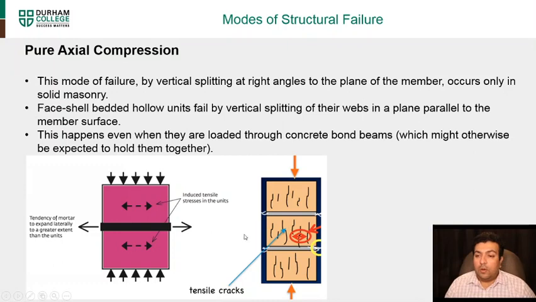When the force is applied on top and bottom, the masonry unit starts to split apart, and that's what brings the tensile cracks in the unit. The same happens with the mortar. First it compresses the two brick units, and the mortar starts expanding laterally and coming out. That's pure axial compression.